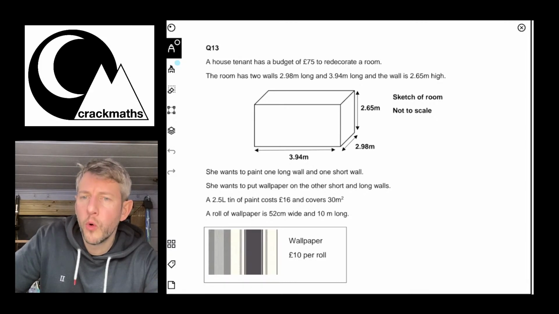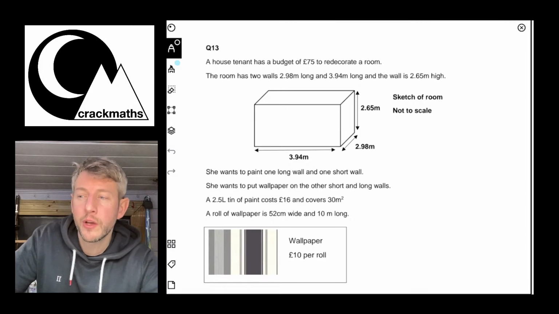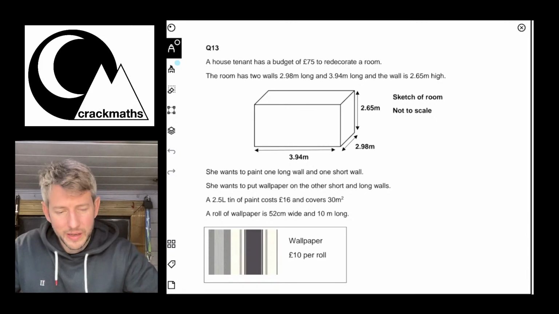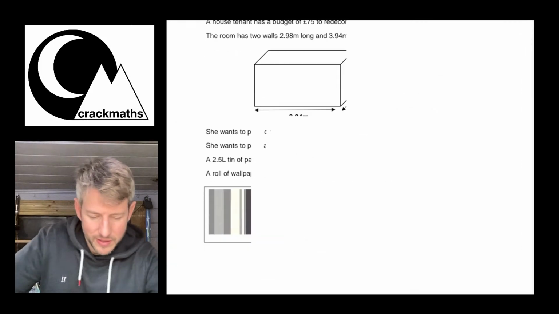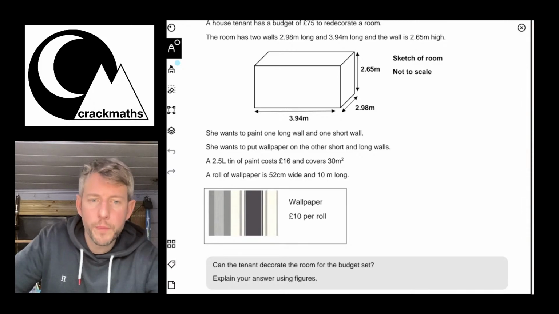She wants to put wallpaper on the other short wall. A 2.5 litre tin of paint costs £16 and covers 30 metres squared. A roll of wallpaper is 52 centimetres wide and 10 metres long. Wow, these questions are long. Okay, can the tenant decorate the room for the budget set?